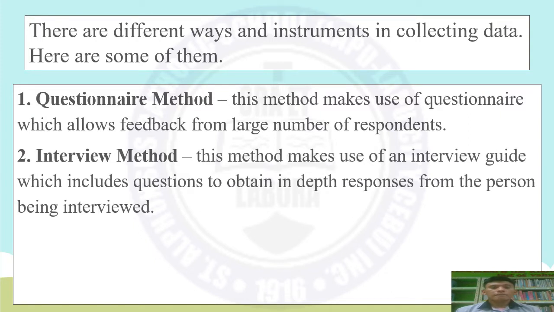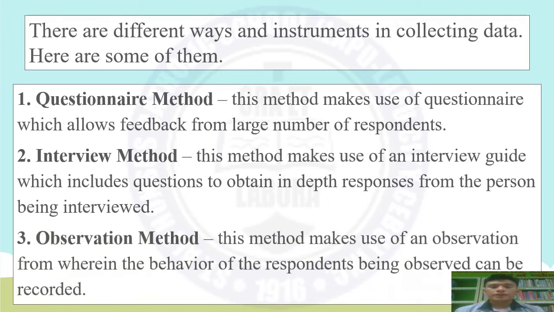This method makes use of an interview guide, which includes questions to obtain in-depth responses from the person being interviewed. And lastly, the observation method. This method makes use of observation, wherein the behavior of the respondents is observed and recorded.